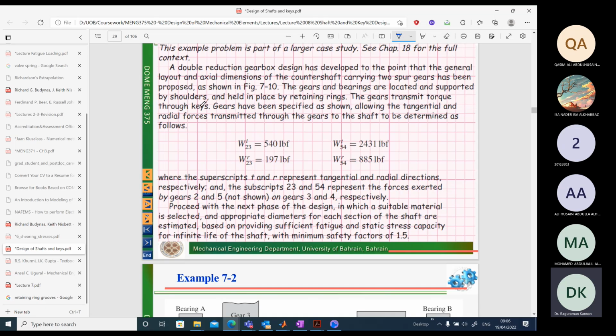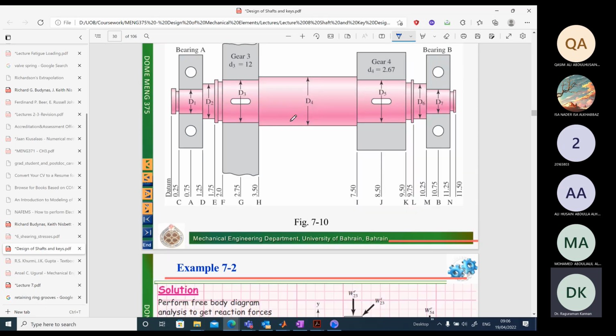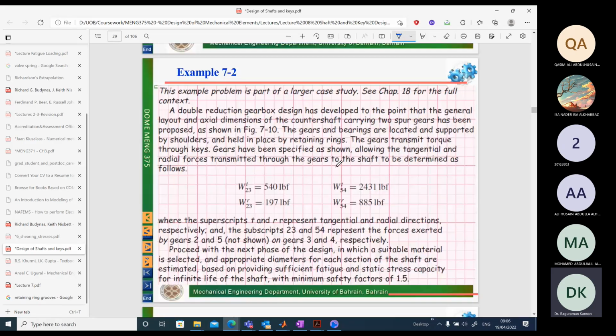The gears transmit torque through keys. So the gears are mounted, and the gear is coupled with the shaft with the keys, and therefore you have key seats here where the gear is installed. The gears have been specified as shown, allowing the tangential and radial transmitted load through gears to the shaft to be determined as follows.